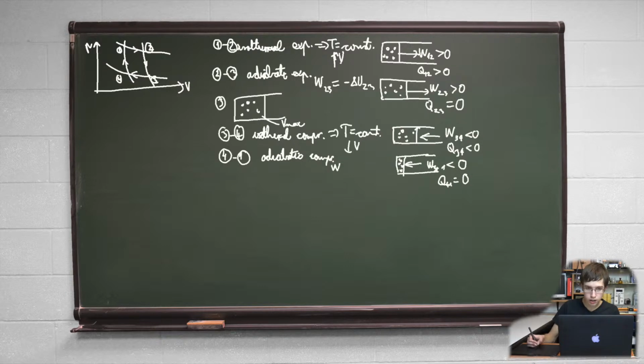As for adiabatic expansion, for adiabatic compression work is done at the expense of internal energy. And finally, in point 1, the gas is maximally compressed, so it has minimum volume. So this is V min.